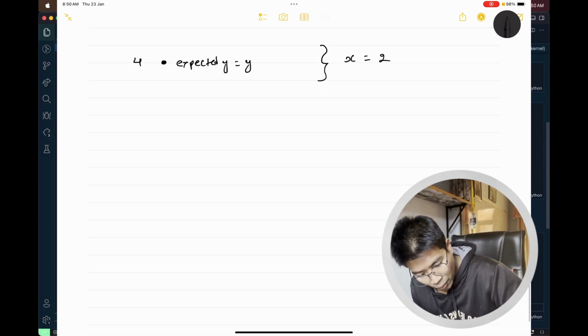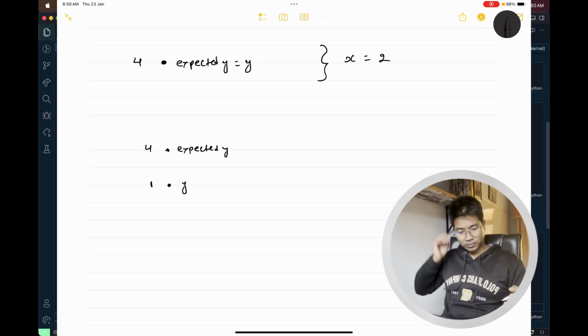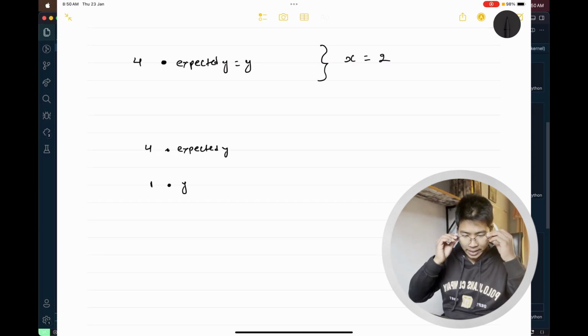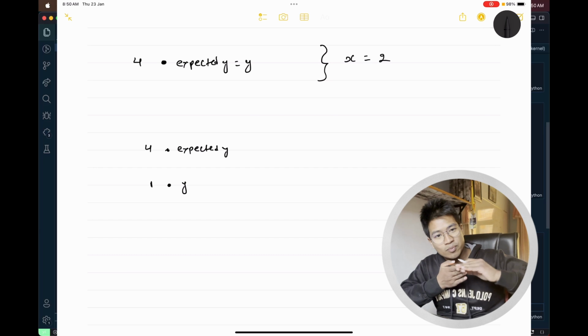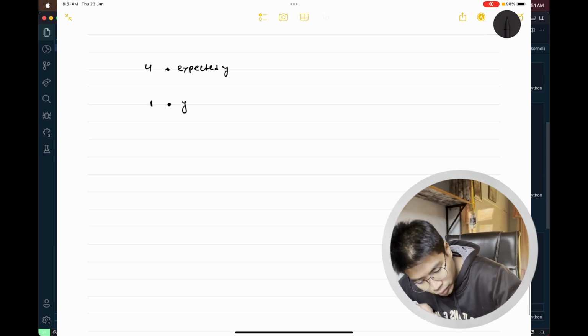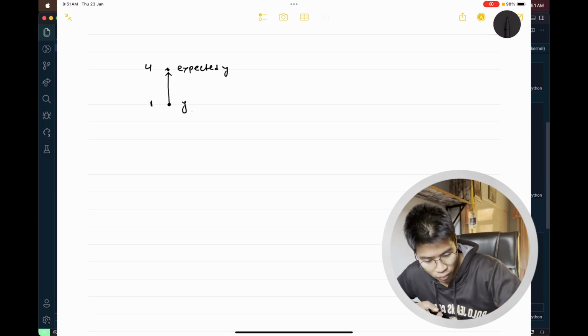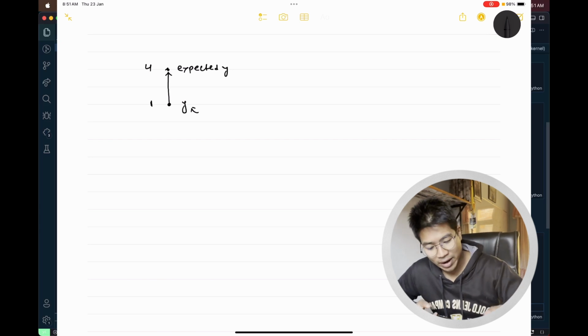So the way you would compare that, for example, in this case, when our expected y was a 4 and you got a 1 for your y value, you need to know how much more you need to go upwards or downwards. The way you would do that is you'd calculate the difference. So how different is the y value from our expected y value?